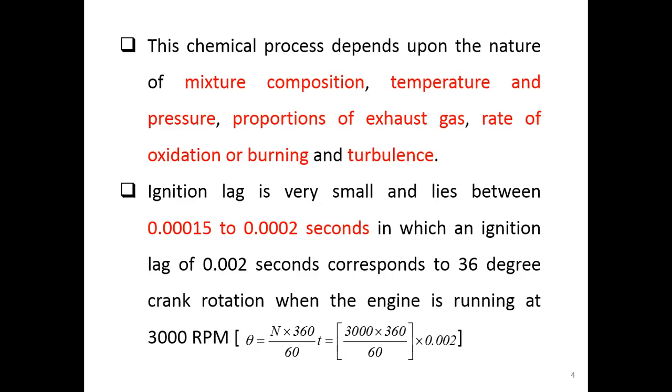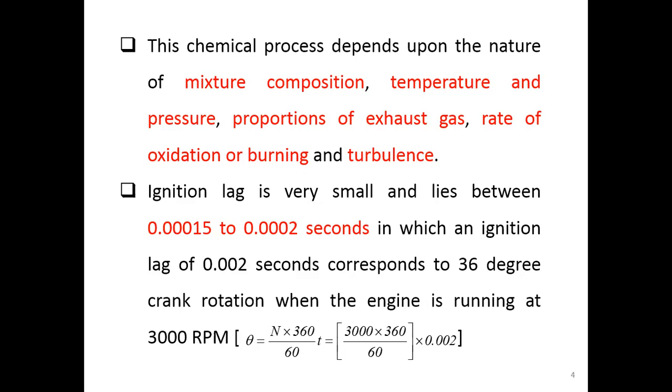I show you here that if our ignition lag stage is, let's say, about 0.002 seconds, this will correspond to a crank angle rotation of about 36 degrees, on the condition that the engine is running at 3000 RPM.